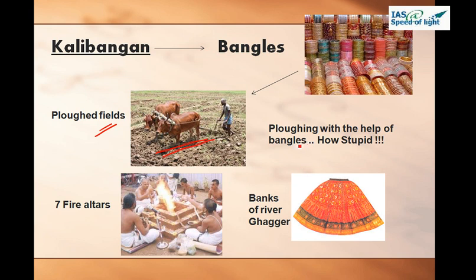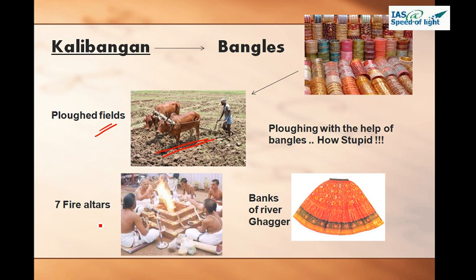So see a farmer who is plugging the field with the help of bangles. Just see that picture in your mind, a funny picture where a farmer is trying to plug his field with the help of bangles. So plugged fields, we are relating it with bangles, or bangles for us is Kali Bangan.